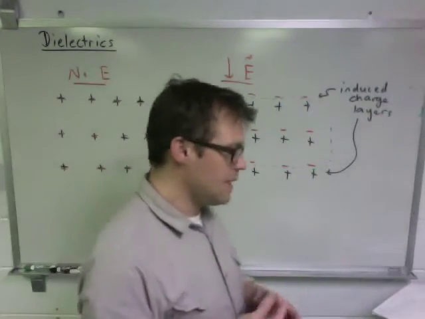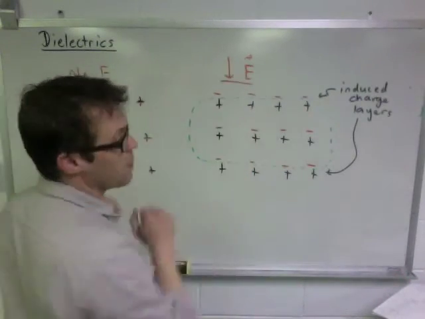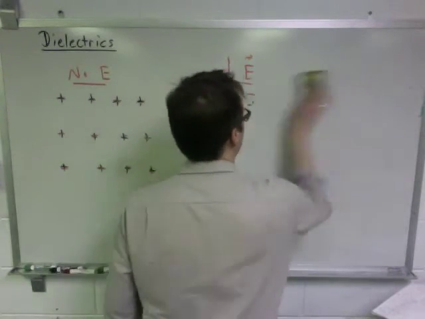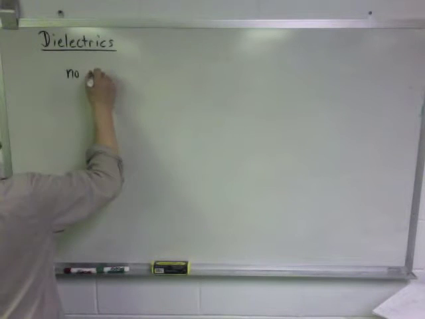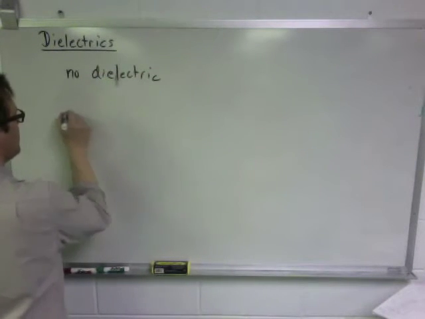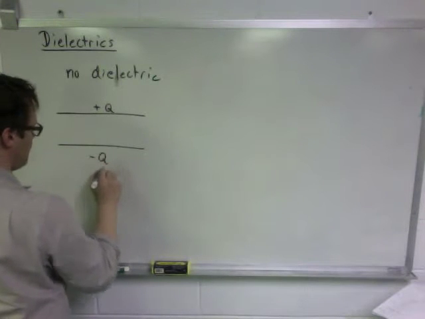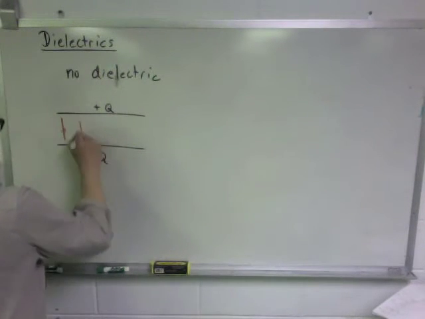Okay, so it may not seem like much, but let's see what happens if I place such a material between the plates of my parallel plate capacitor. First of all, no dielectric. Here's the top plate and the bottom plate, plus Q, minus Q, and I've set up an electric field.